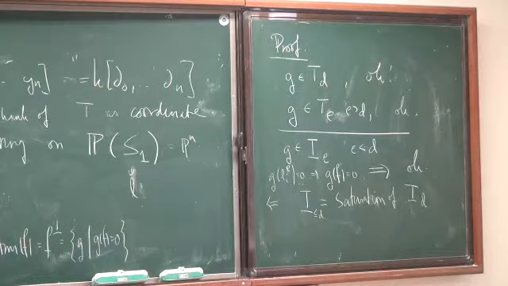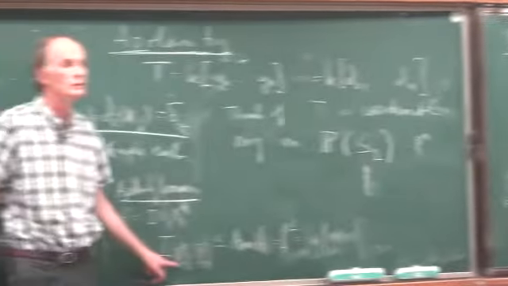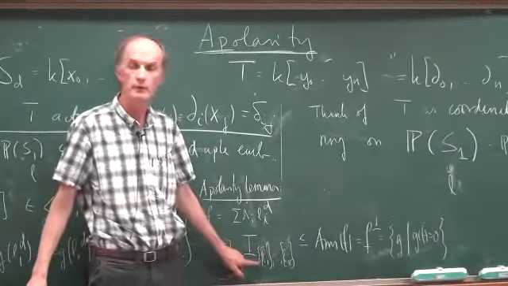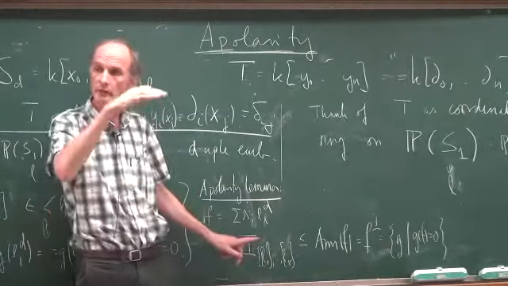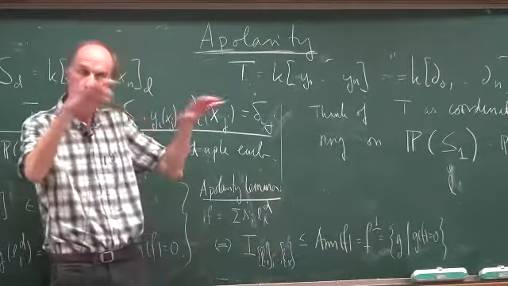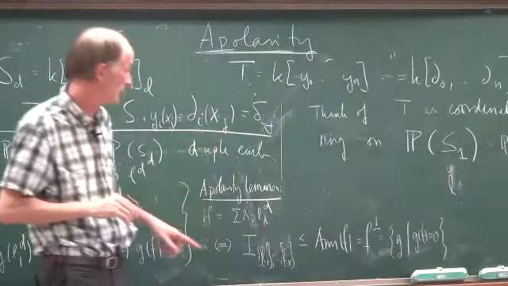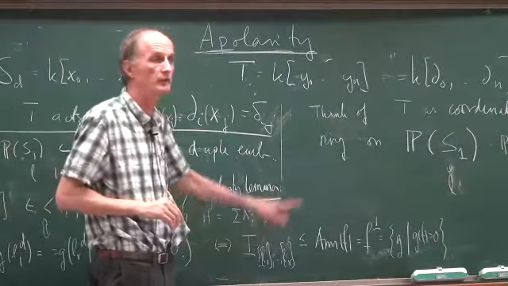I look at the ideal here, I look at the ideal there. Then that ideal in degrees up to D, there I just get the whole ideal by just saturating the degree D part.